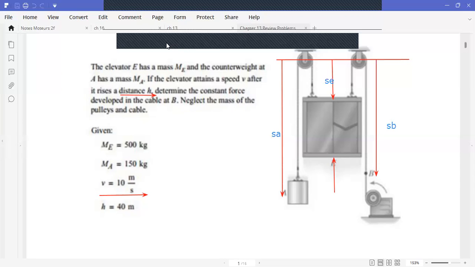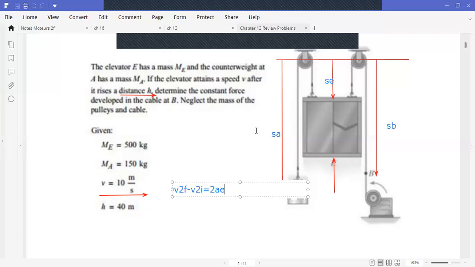Do I have anything about time? V squared minus V0 squared. Okay, because I don't have anything about time, I will use V squared final minus V squared initial equals 2AE delta S.